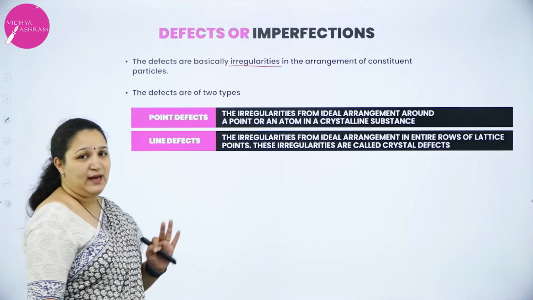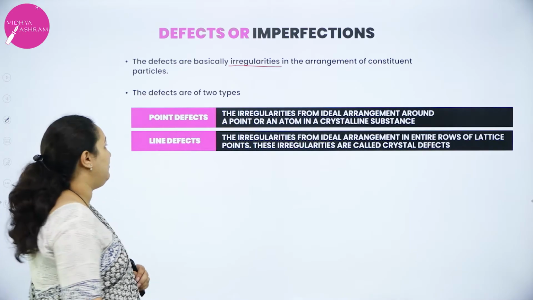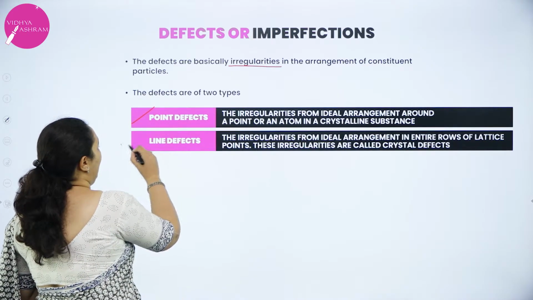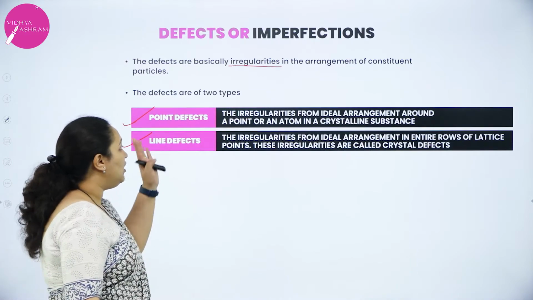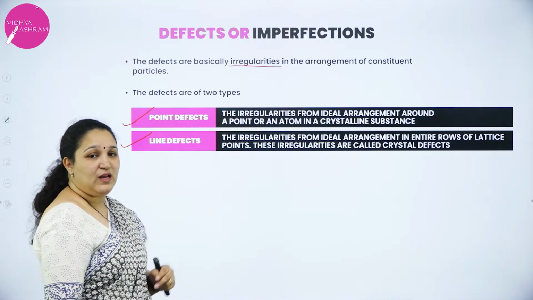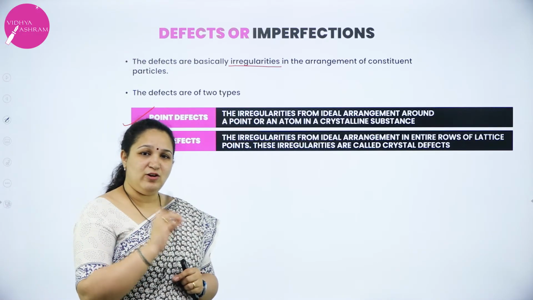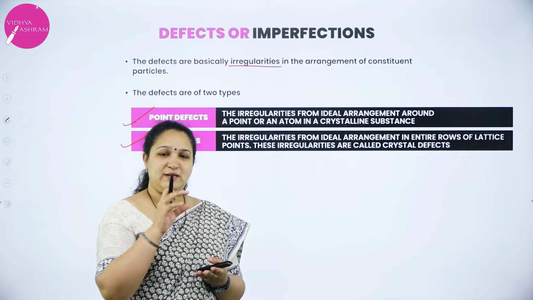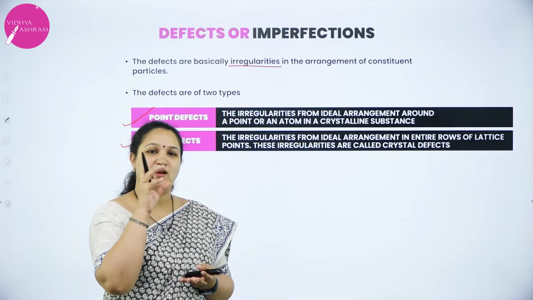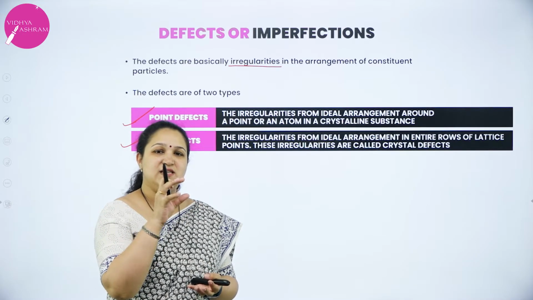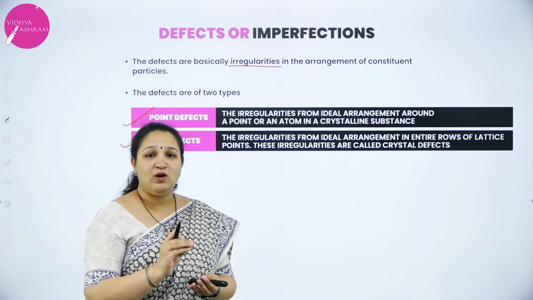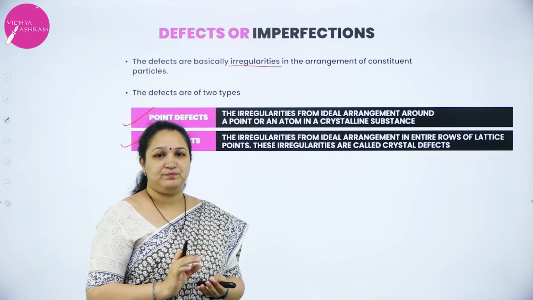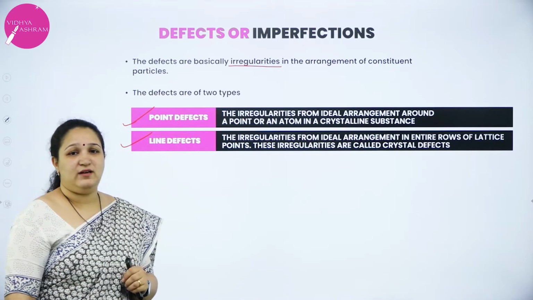Now there are two types of defects, broadly classified as point defect and line defect. What is a point defect? Point defect means the irregularity is there in and around a point. That means at one lattice point or one lattice site, there is some irregularity, then we call it a point defect.